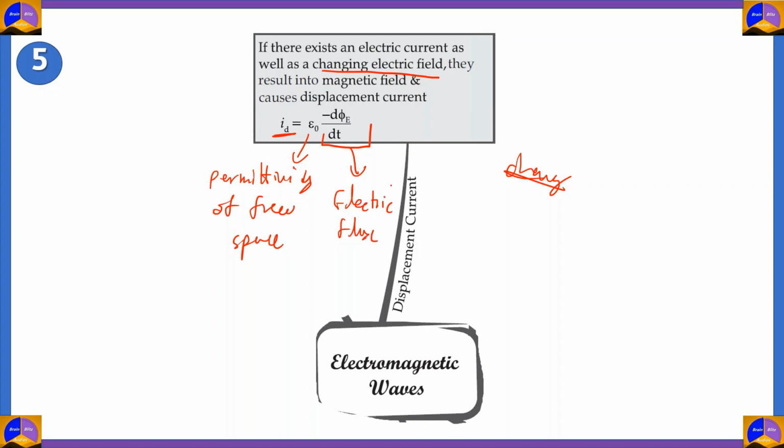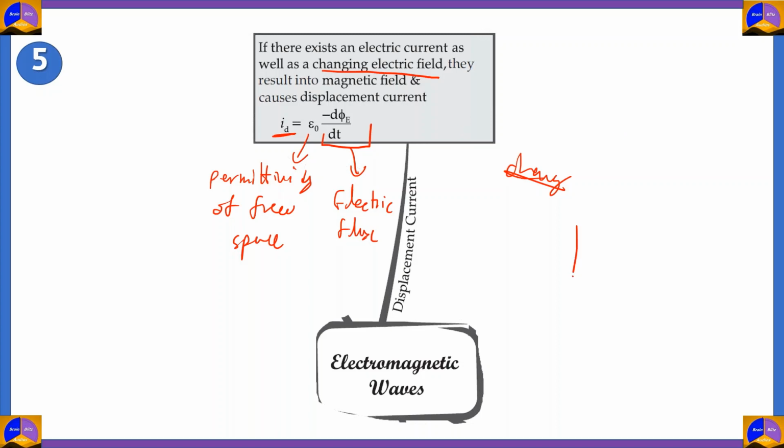So the displacement current is represented as the product of the permittivity of free space and the rate of change of electric flux. That is why it is known as the current which arises out of a change in electric field.